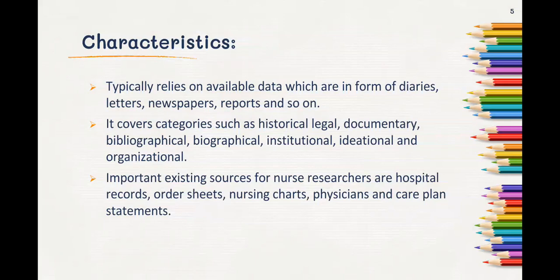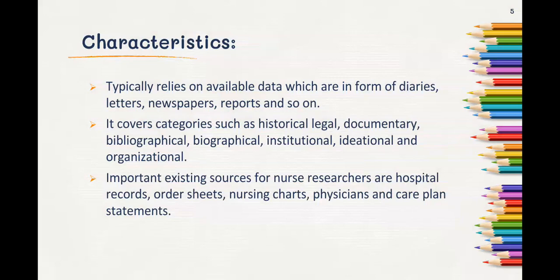Typically it relies on available data, which are in the form of diaries, letters, newspaper reports, and many others. It covers categories such as historical, legal, documentary, bibliographical, biographical, institutional, ideational, and organizational.